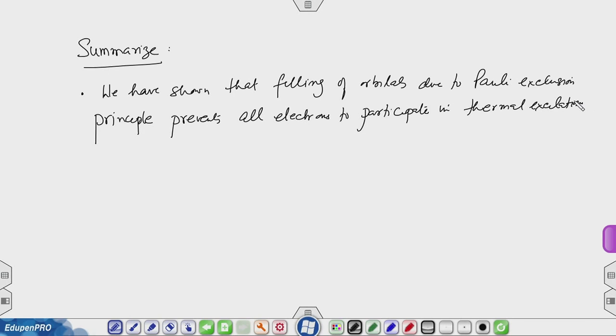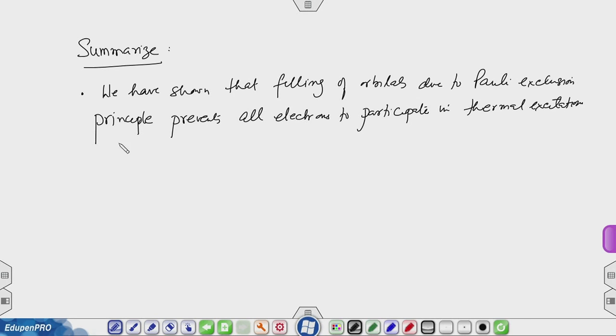Although I have talked about thermal excitation, this will be true for any kind of excitation. Until you provide proper energy, no electron from the bottom of the filled k levels is going to be excited above the Fermi energy.